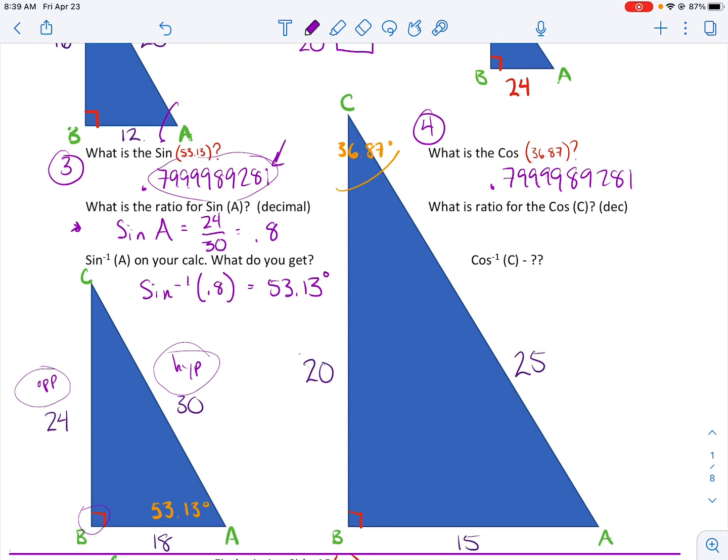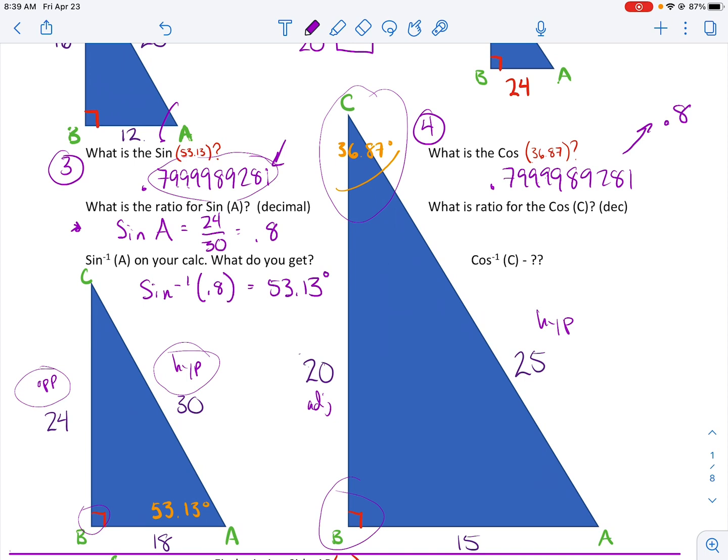Again, what it's saying is the ratio created by this adjacent side and this hypotenuse side, for any right triangle that has this angle measure and, of course, a 90 degree angle, otherwise it wouldn't be a right triangle, will always be 0.79999898281, very close to 0.8 if you round it.